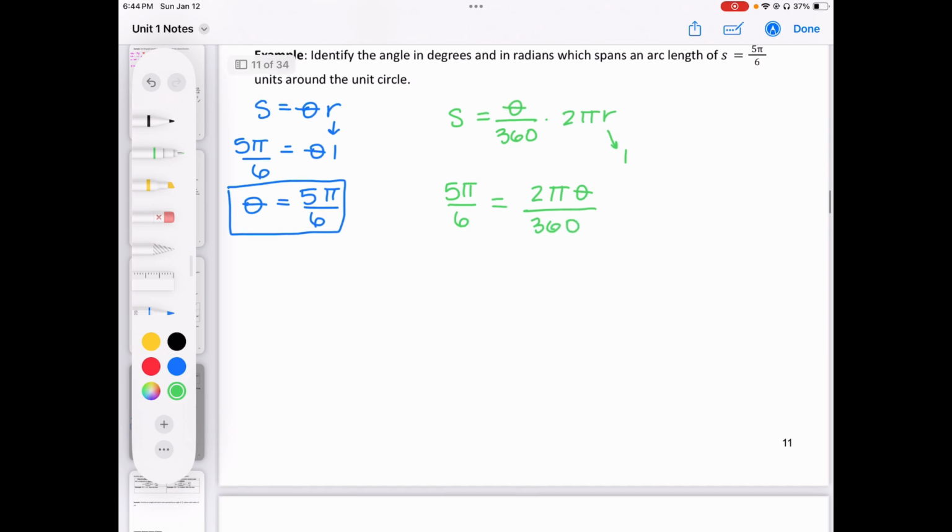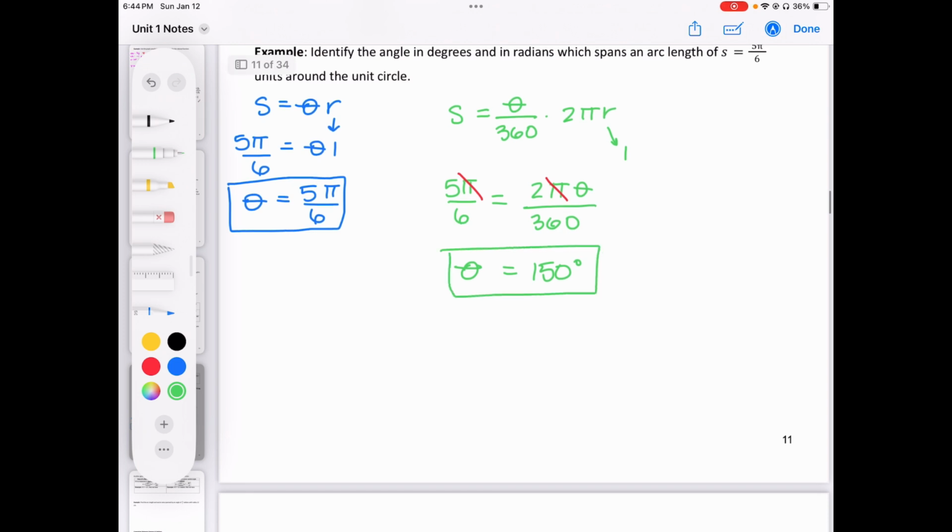And at this point, we just need to solve for theta, right? So we can simplify. Those pi's will go away, and the rest we need to just kind of divide out. We're going to get theta equal to 150 degrees. Okay.